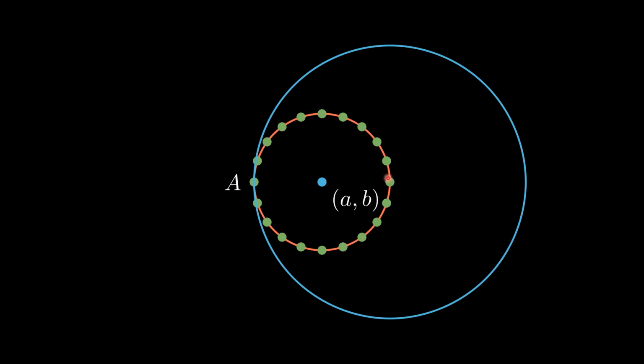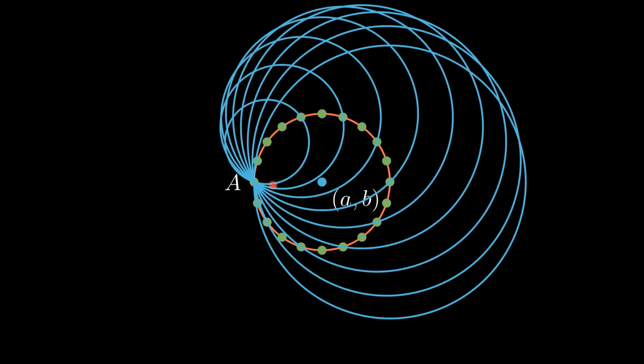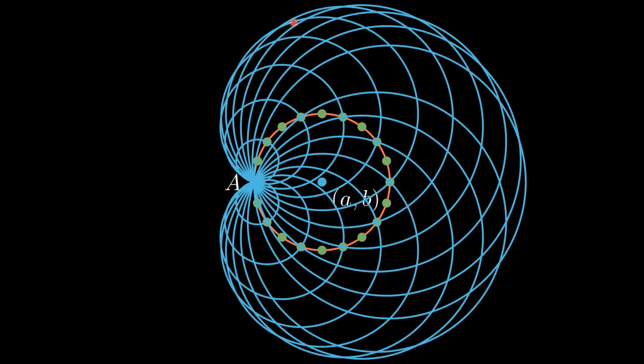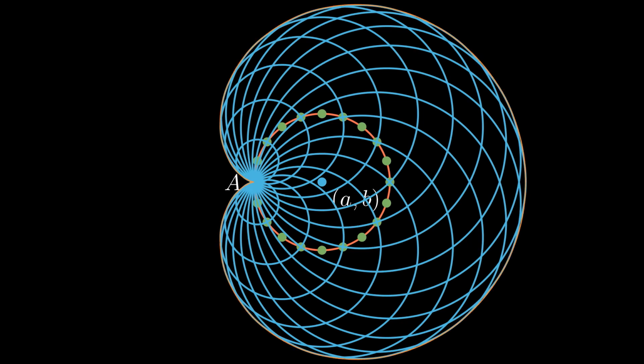So let's jump ahead and go and do that. We've drawn already this blue circle, and then we're going to just draw all the circles as we've shown here. We see that the envelope that is created that covers all these circles is shaped like a heart. And that's why we have this name of cardioid.